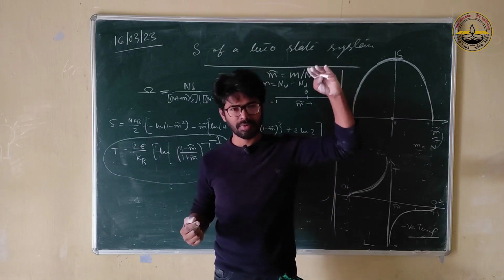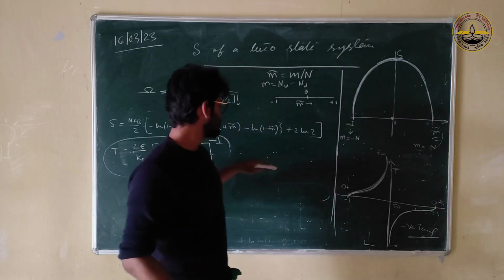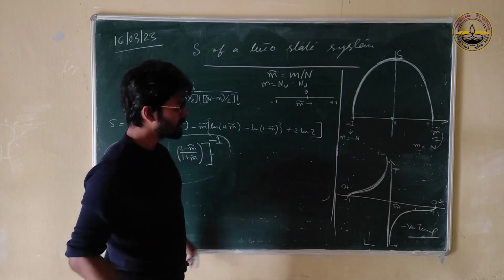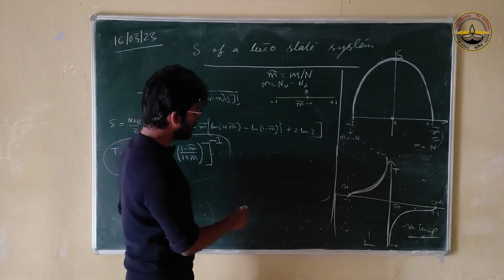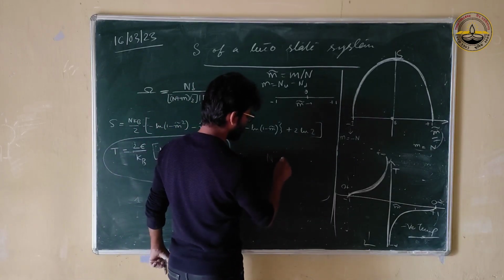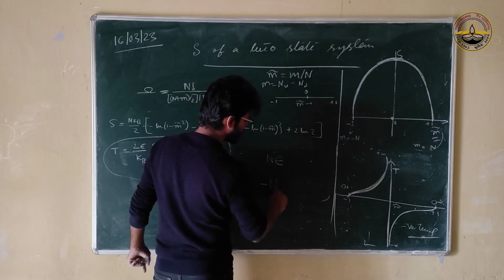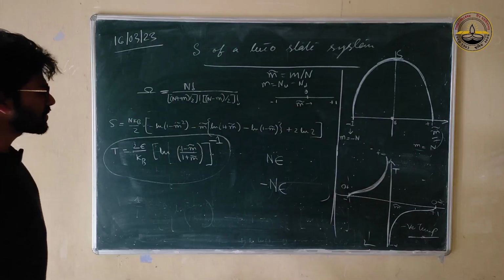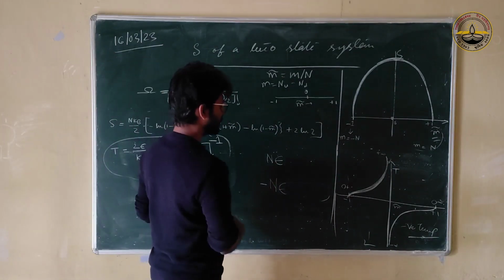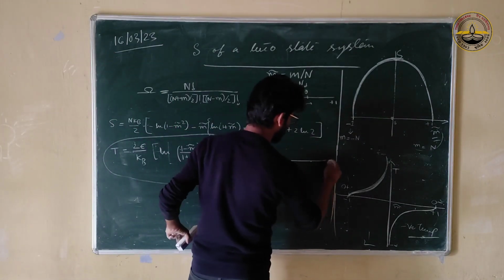There is no upper bound. But here in this two-state problem, the maximum energy could be n times E, and the minimum could be just minus n times E. So there is an upper limit of energy.